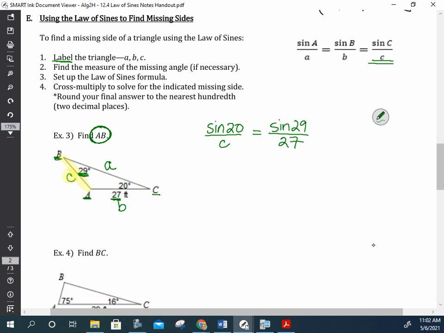So let's solve it. Just like we did up above, we cross multiply. So we have sine of 20 times 27, and then C times sine of 29.